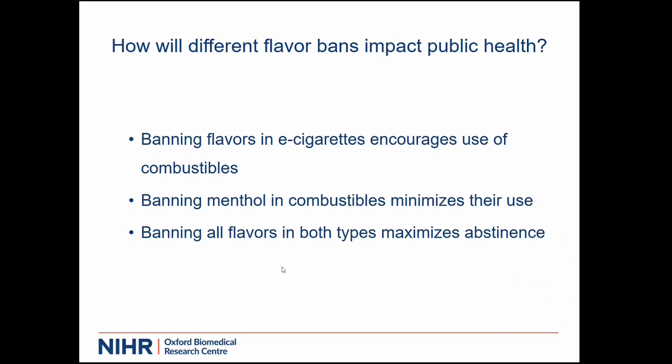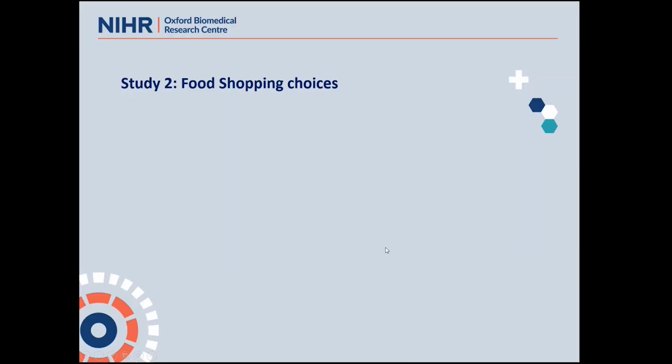Just to sum that up: banning flavors in e-cigarettes encourages the use of combustible cigarettes. Banning menthol in combustible minimises their use, and banning all flavors in both types maximises abstinence, so pushes people away from both products. It's a really nice example of how these things work in practice.